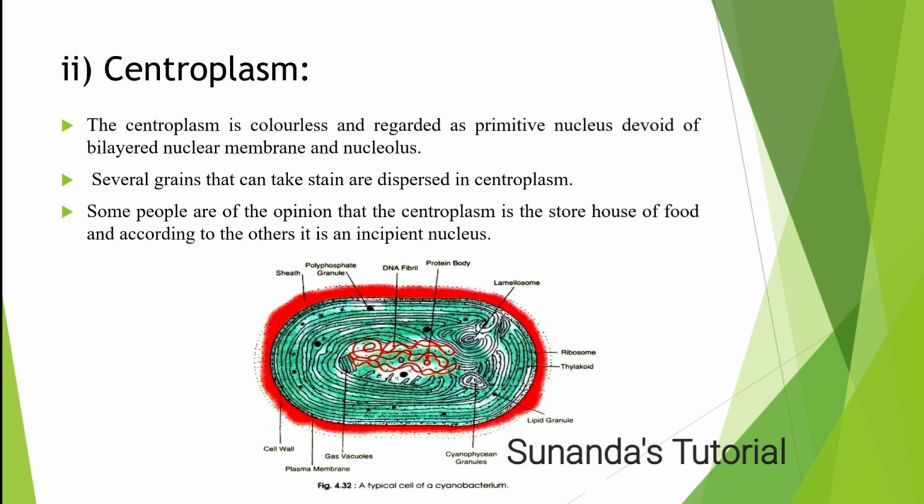Okay. Next, centroplasm. Centroplasm is colorless, and it is regarded as a primitive nucleus because it lacks a nuclear membrane and nucleolus, so it is called an incipient nucleus.